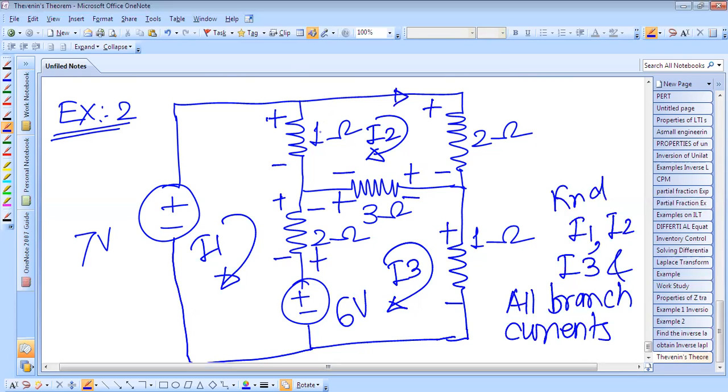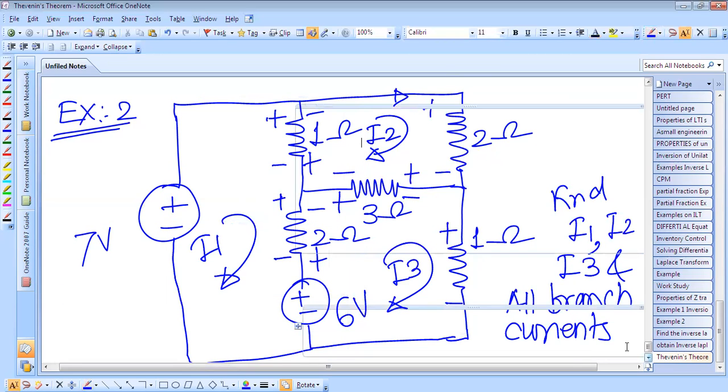And in this we have to also move like this. This is plus minus. So now we have to apply the KVL to this loop. This is loop first, this is loop second, this is loop 3. So we have to apply the KVL to the first loop.